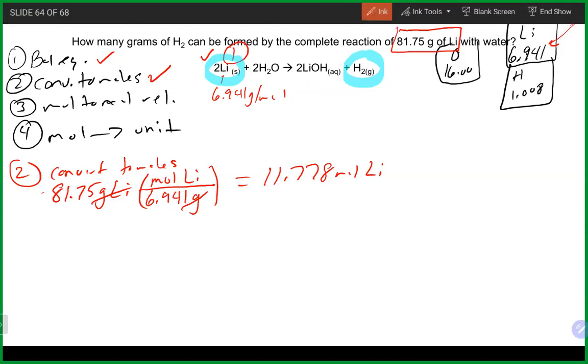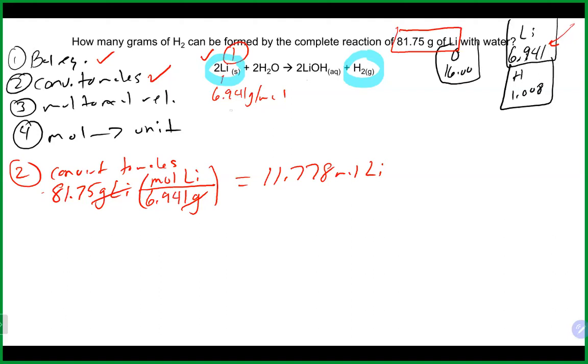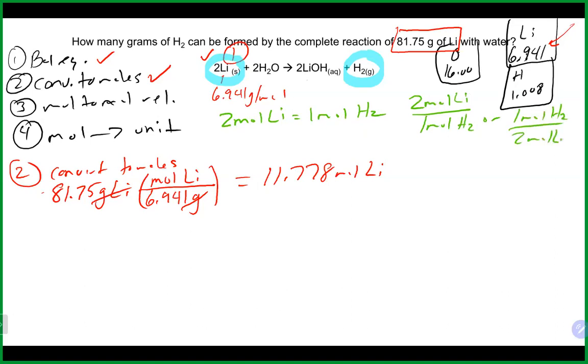From the balanced equation, the coefficients tell us that for every 2 moles of lithium, we get our 1 mole of H2, which again, in this case, is the only conversion we're really interested in. That gives us our same 2 conversion factors, 2 moles of lithium over 1 mole of H2, or 1 mole of H2 over 2 moles of lithium.